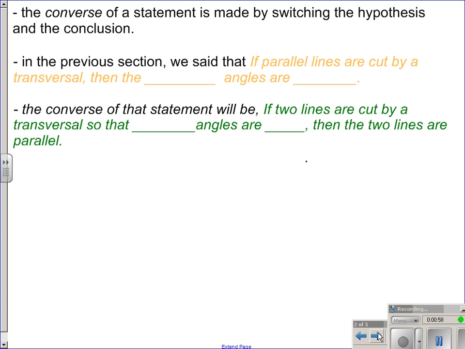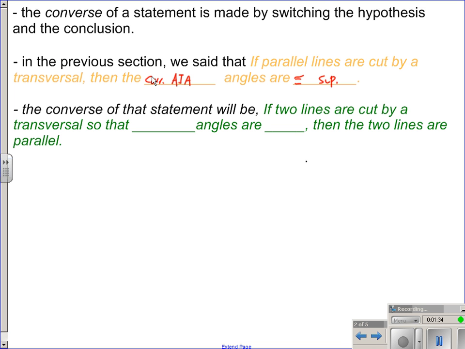And so, like I mentioned, for this first one here in orange, what we talked about in section 3.2, is that if you have parallel lines cut by a transversal, then corresponding, alternate interior angles, whatever, those special pairs, those angles were either congruent or maybe supplementary, whatever the property was for those, that was the statement that we had. You make the converse of that statement, and that's what you have here in green.